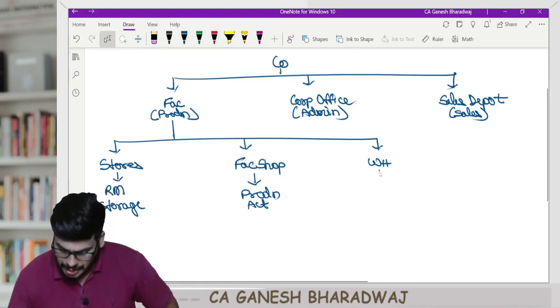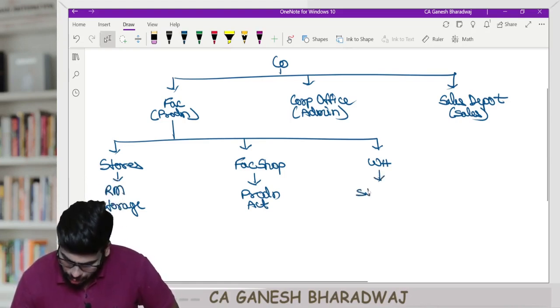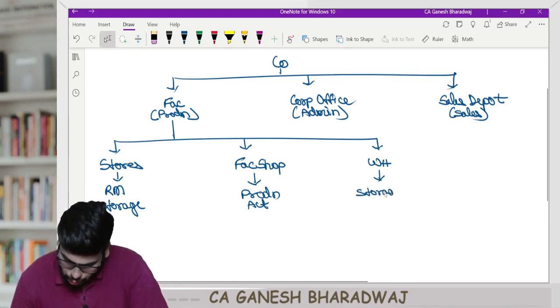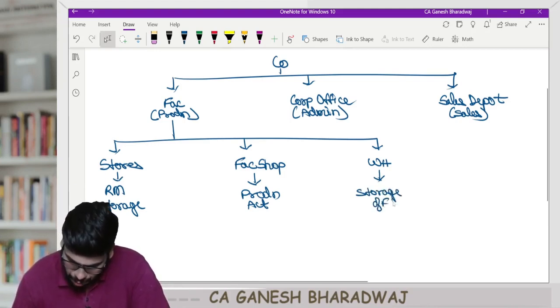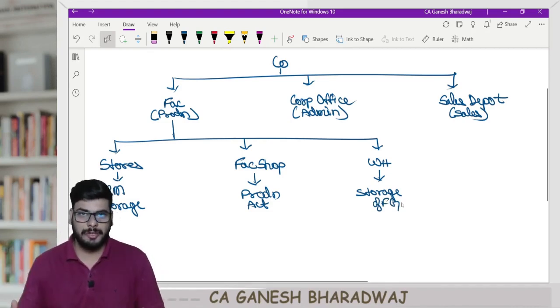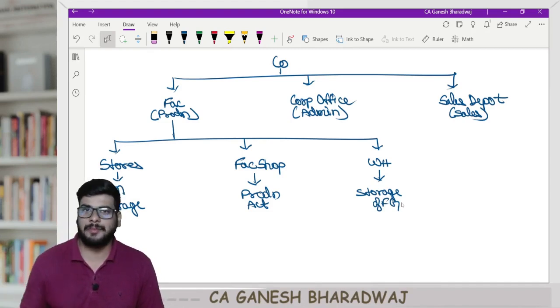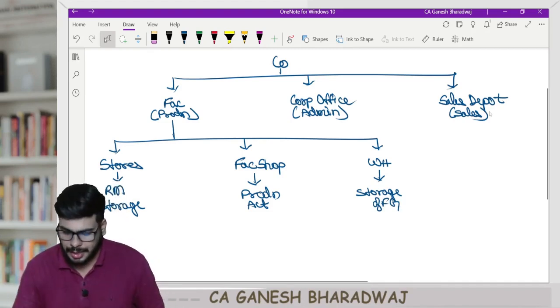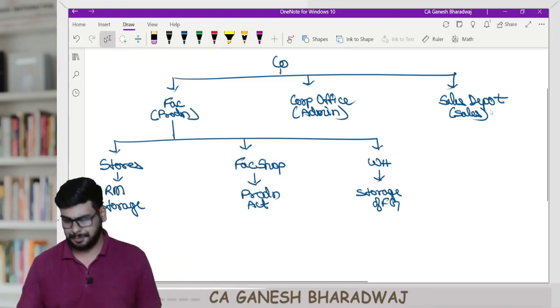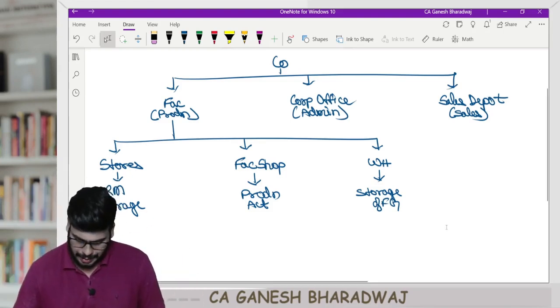And what happens in a warehouse? In a warehouse, you have storage of the finished goods. From here only, goods will be sent to the sales depot, and from there the goods will move directly to the customers. Clear with this, guys?